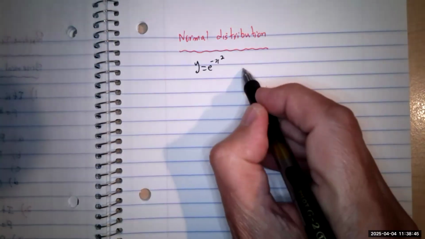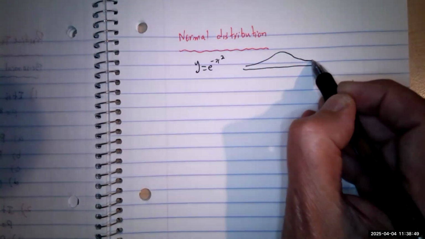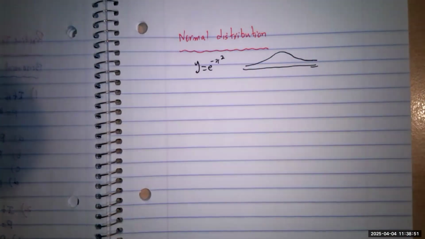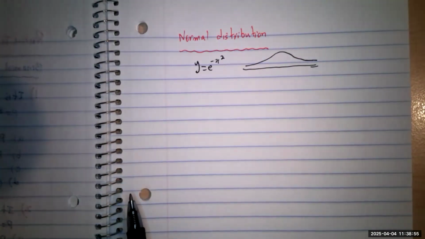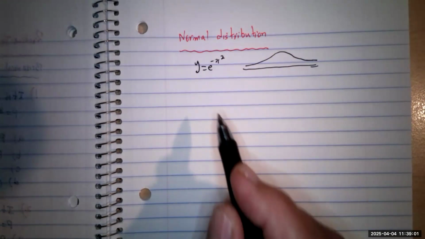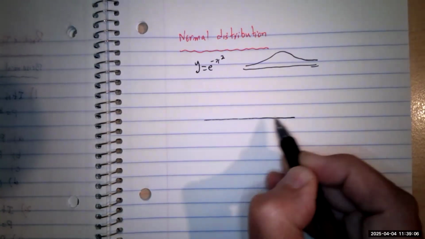Okay, if you graph this one in calculus, you make it something like this. Okay, we call it a bell-shaped curve. But since it's going to be statistics, we just made this one a little bit more involved. But the normal distribution we identified by the curve, the normal curve. So this is going to be the normal curve.